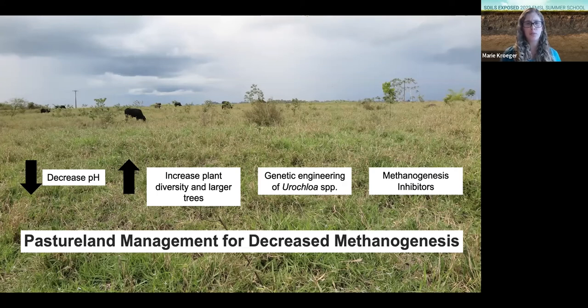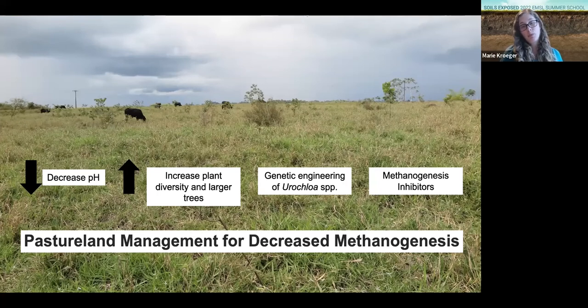Another opportunity could be to try to increase the plant diversity, especially having more of these larger trees. You can see this pasture land photo behind my text, it's really a homogeneous grass. This is actually probably one where there's even a little more diversity than usual. And so if we established more of these trees with deeper root systems, we might be able to decrease methanogenesis activity by decreasing the fermentation that's occurring.